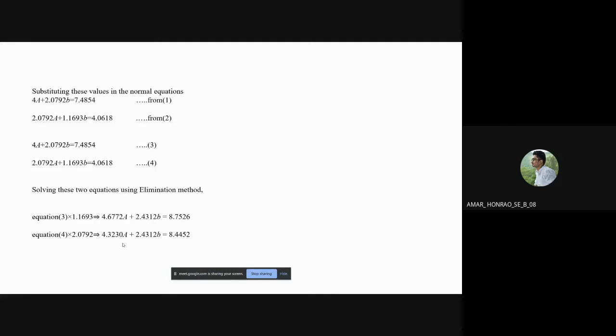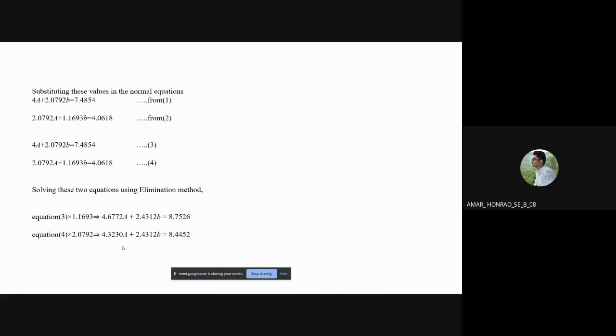By substituting these values in normal equations 1 and 2, we get 4A plus 2.07b equals 7.485, and another equation, 2.0792A plus 1.693b equals 4.0618. We consider these as equations 3 and 4.